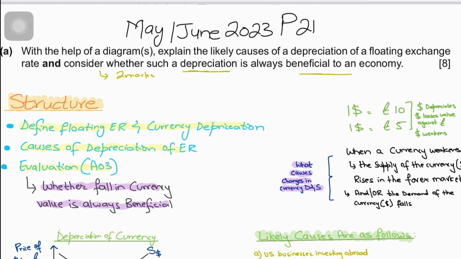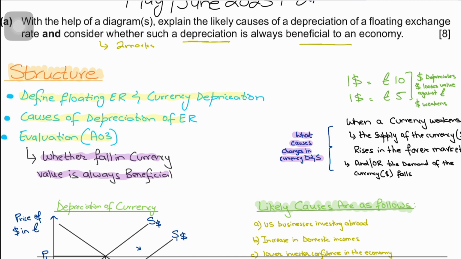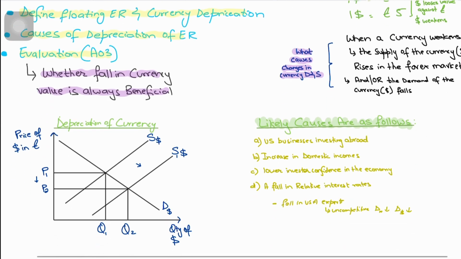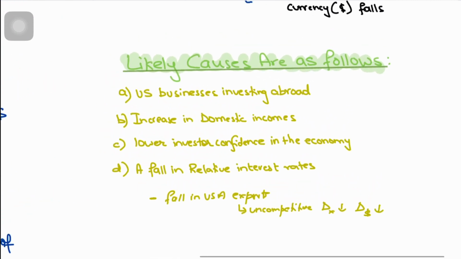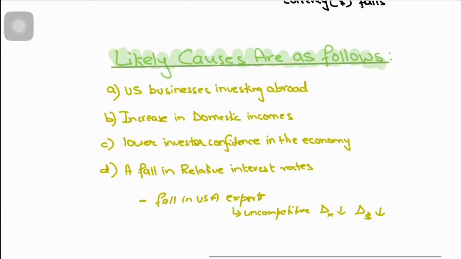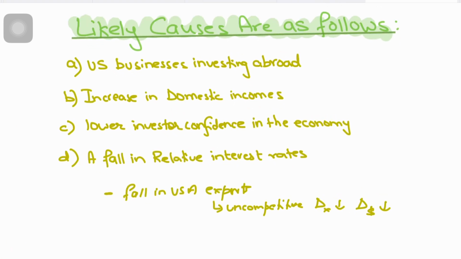Before we move on to this part, one thing I forgot to tell you is that once you've explained the causes of depreciation, you are also supposed to talk about the effects of depreciation on the economy.